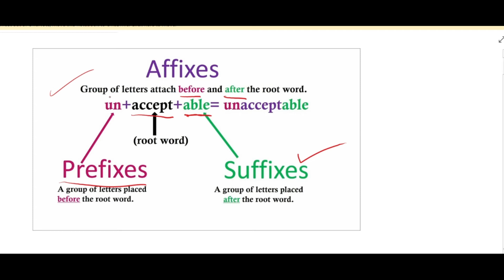In the same way, this un is prefix and able is suffix. So it becomes a new word like unacceptable. We have added un as prefix, able as suffix, and accept was a root word. So in this way we can make new words by adding prefixes and suffixes to words.